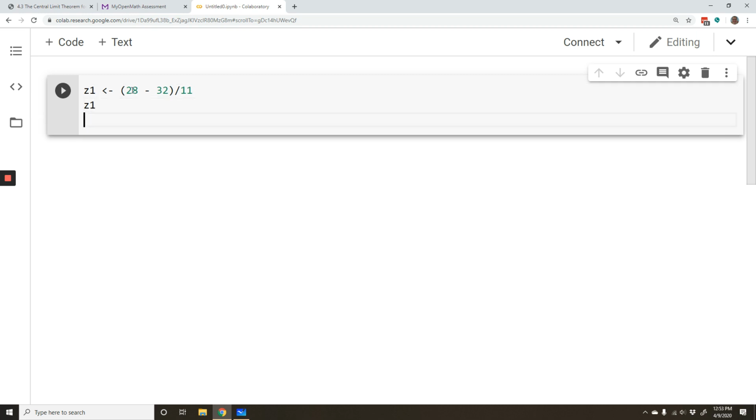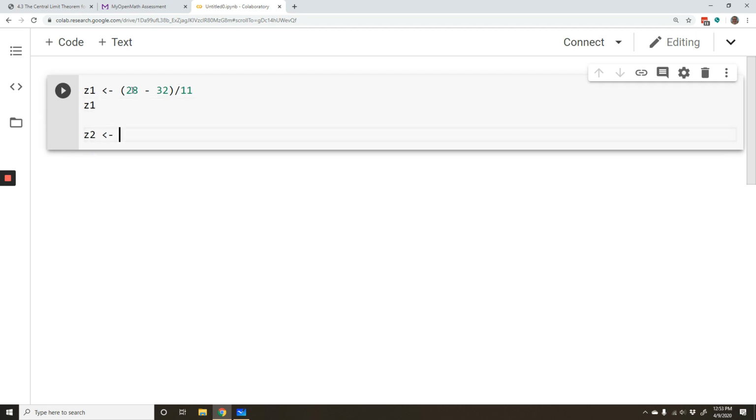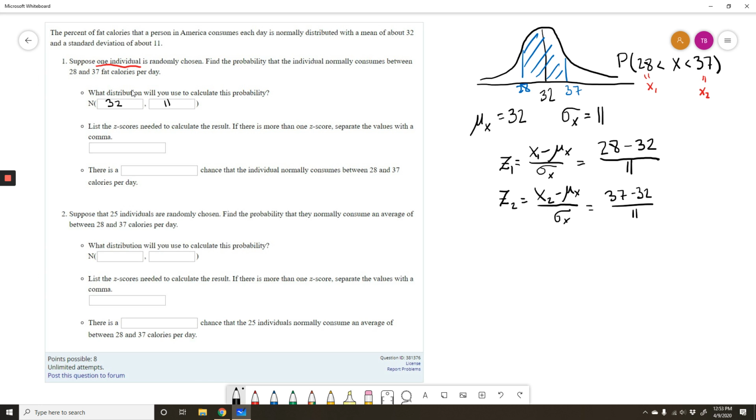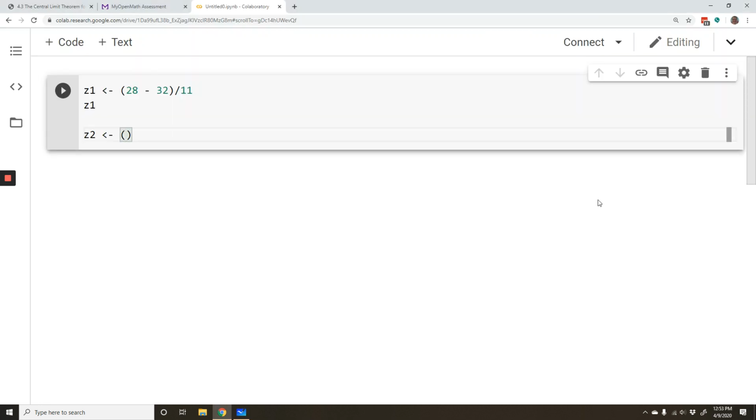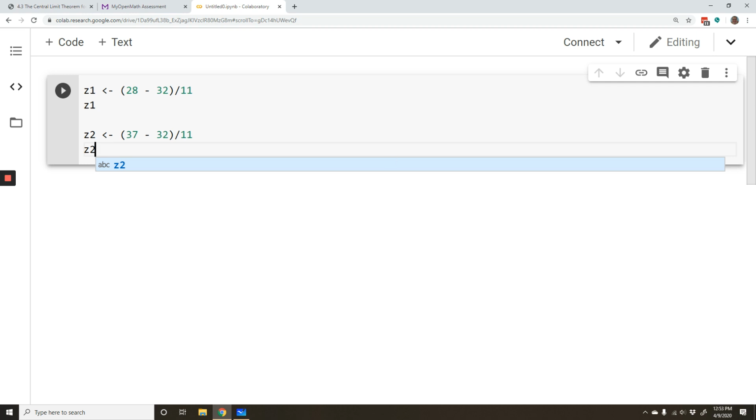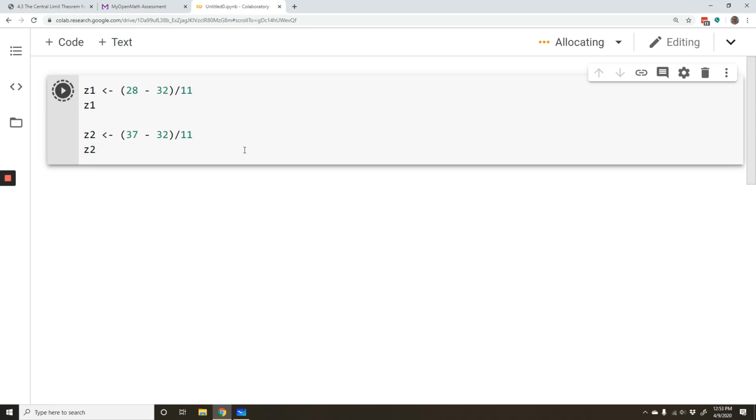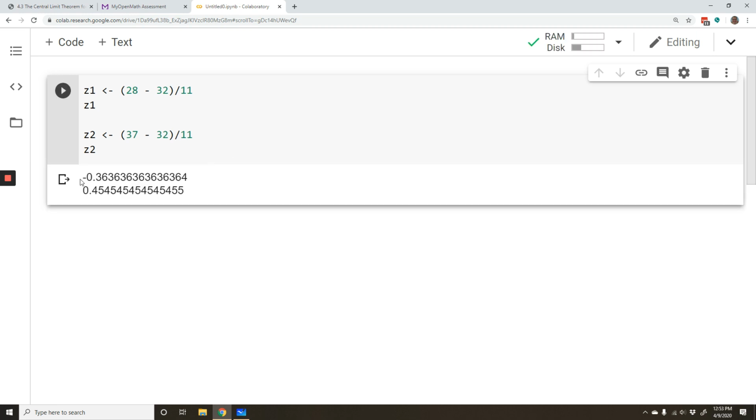And let's have that print out, and then z2 will be 37 minus 32 divided by 11. So parentheses 37 minus 32 divided by 11. And let's make sure we can see that too. So run that. Just loading up here. There we go. We have our two z-scores, okay?